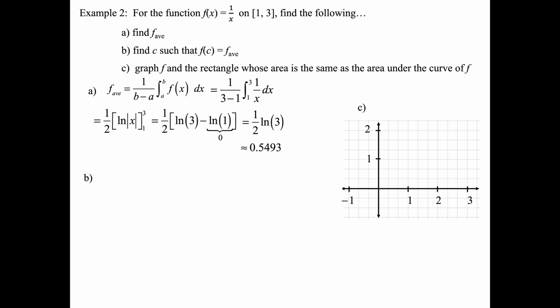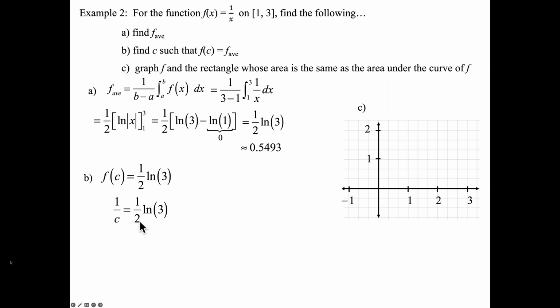All right, find c such that f of c is equal to this average function value. So in other words, f of c equals 1/2 the natural log of 3. Okay, well, if I put c into my function 1 over x, so that's going to be 1 over c equals 1/2 natural log of 3, we're going to go ahead and solve for c.